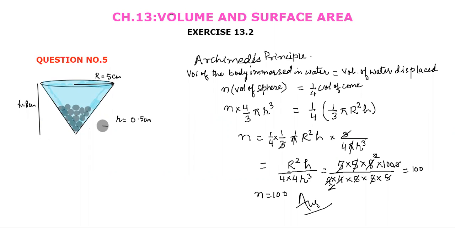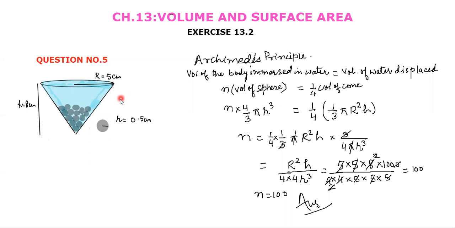In this question, he has given us a conical shaped vessel, and in this vessel, he has dropped small spheres. The vessel was full of water, and the moment these spheres were dropped into it, a little amount of water moves out.